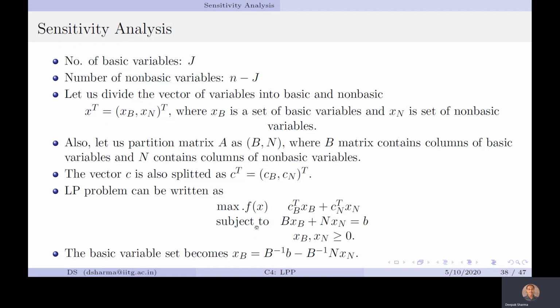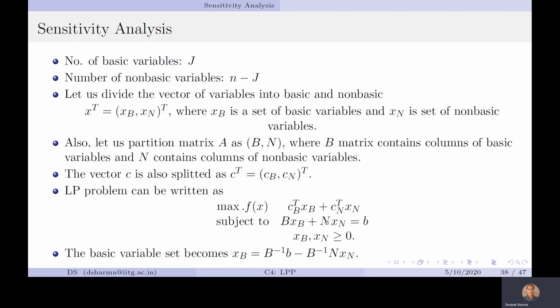Now, if I'm looking for a solution, look at this particular constraint equation. I'm looking for the xB value, because xN, the set of non-basic variables, is already 0. So we can multiply by B inverse: B inverse B xB plus B inverse N xN equals B inverse b.